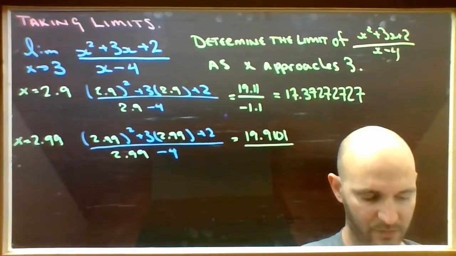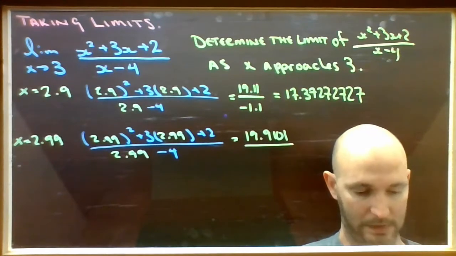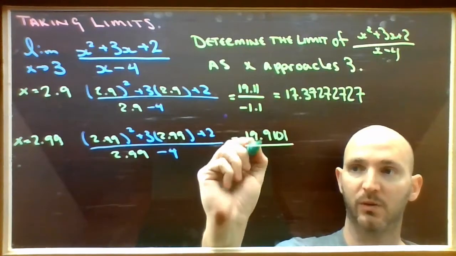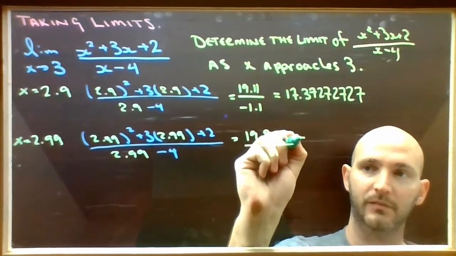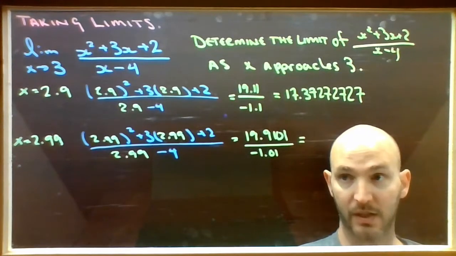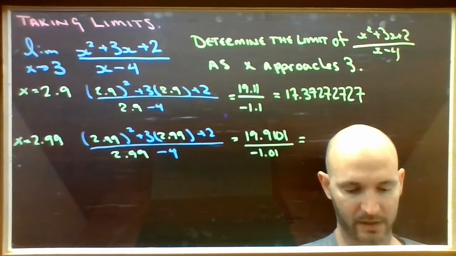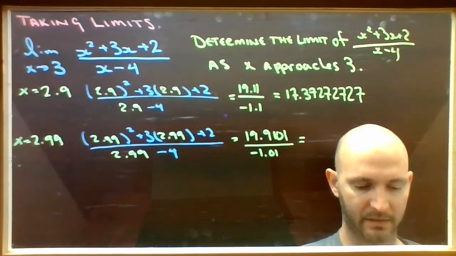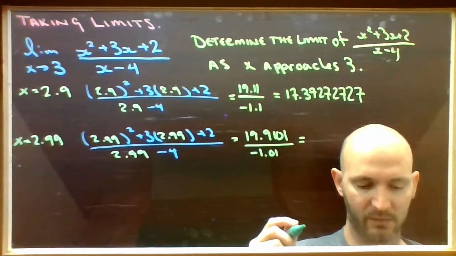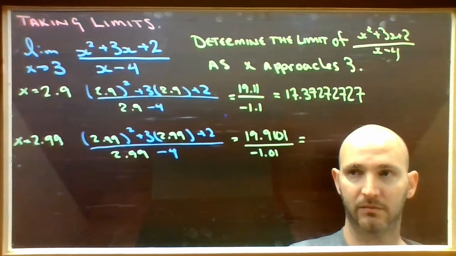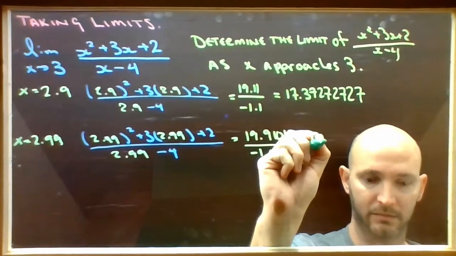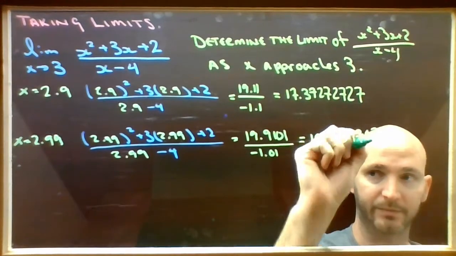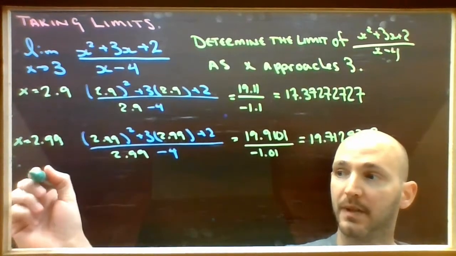And the bottom, 2.99 minus 4, is negative 1.01. And if I do 19.9101 divided by negative 1.01, I end up with negative 19.7029703.